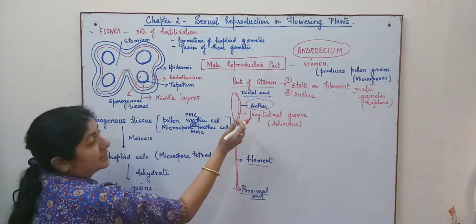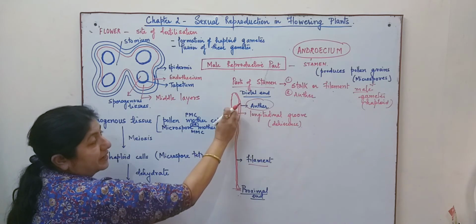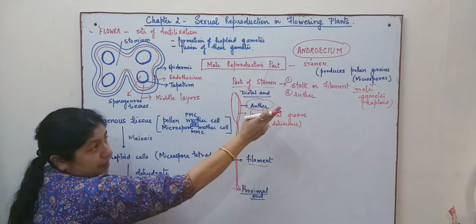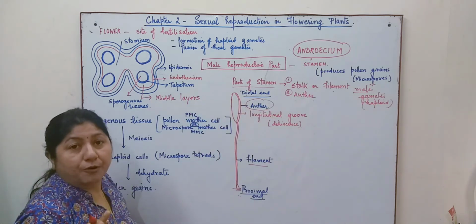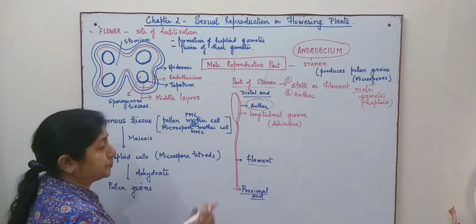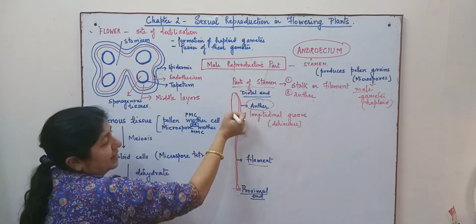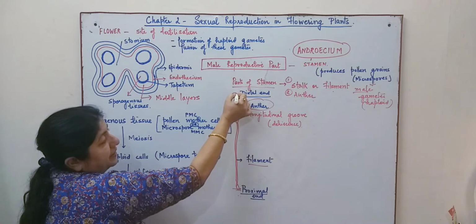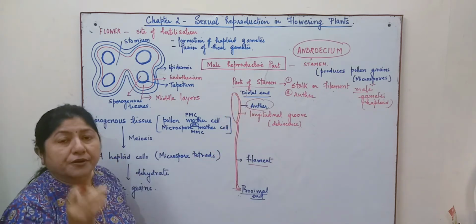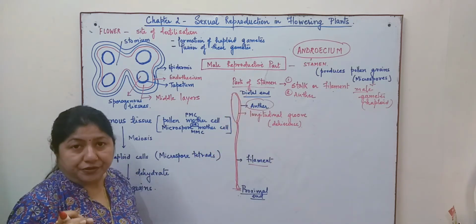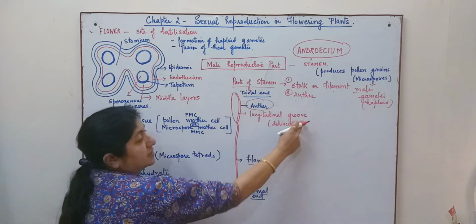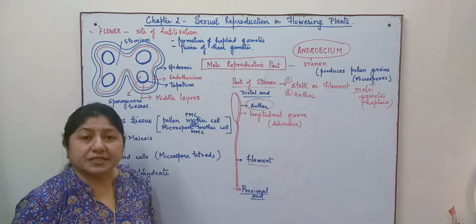The anther is the site where the pollen grains are produced. If you see the anther structure, we find a longitudinal groove running along the anther. This is the site for the dehiscence.